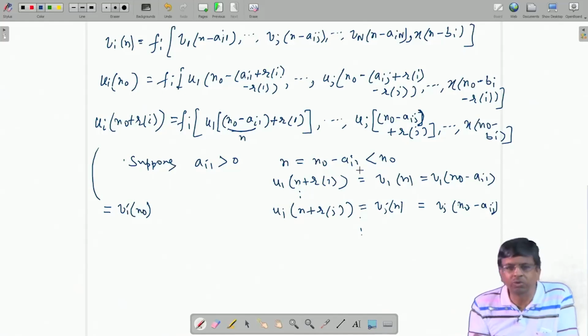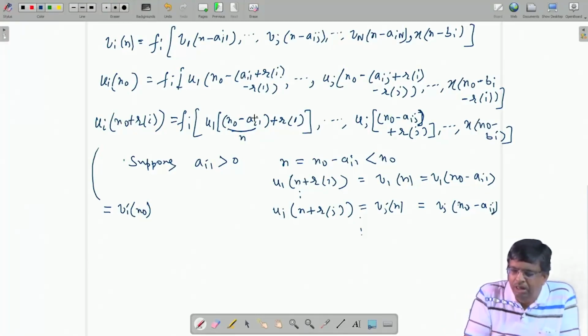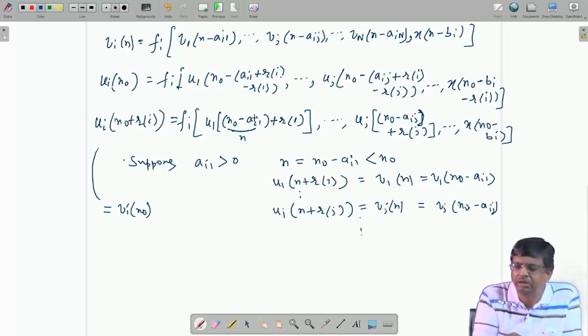But if n is equal to n naught, then what happens? The moment I come across that ai1 is 0 in my original expression, what I do is this: in the original expression, suppose vi n equal to fi, you start back with vi n, fi of v1 n only, no delay.